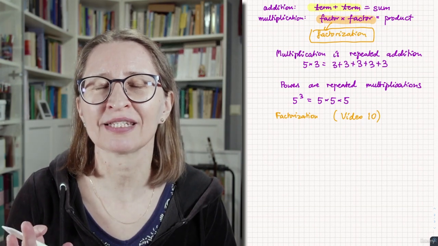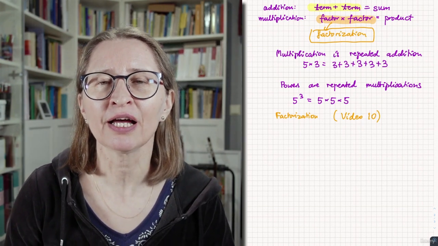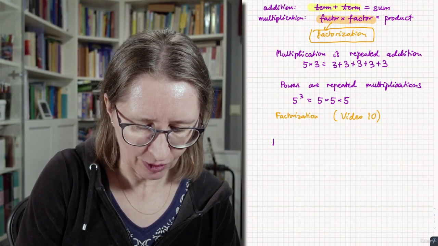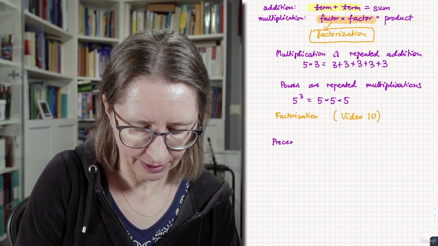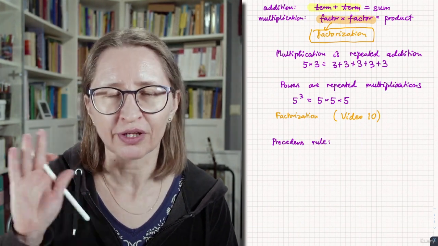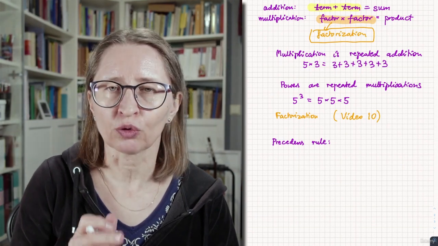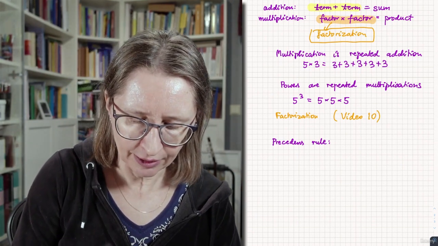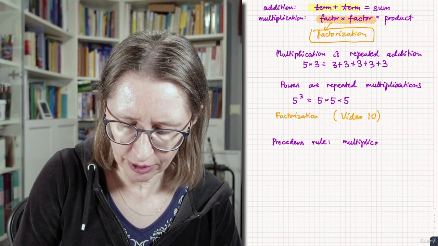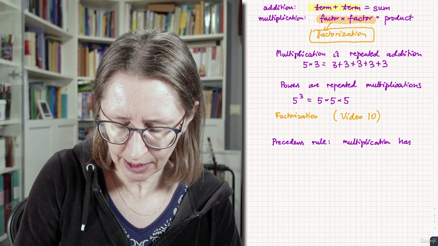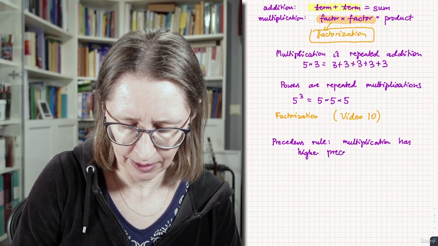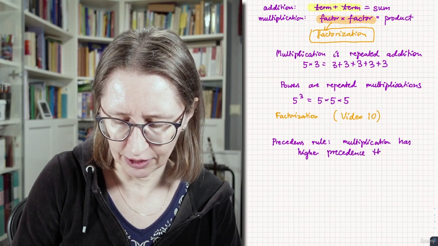And now I would just like to make a final remark, and this one will be about a precedence rule. You know that there are plenty of them, but I would like to name this one: multiplication has higher precedence than addition.